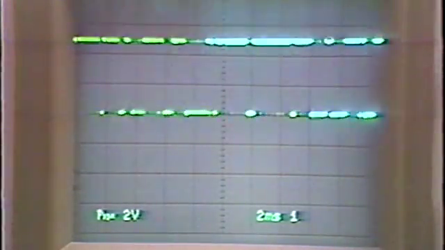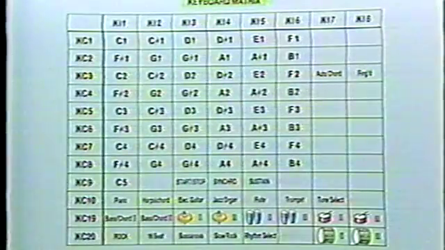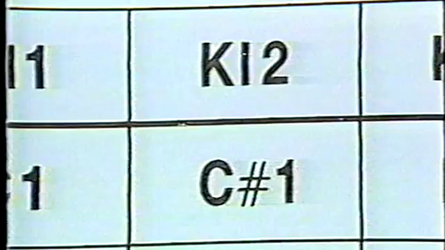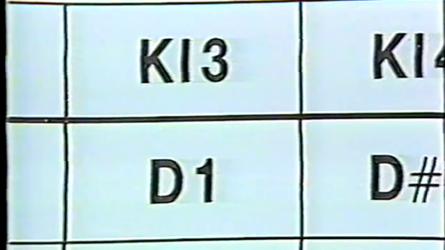Here we see the KC2 signal. This is called a matrix table and shows the KC and KI signals for each key. All of the buttons and switches also input in the same way as the keys.